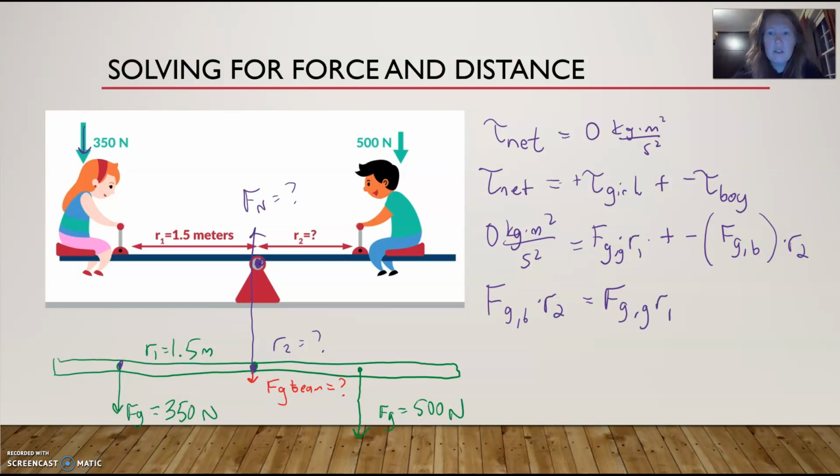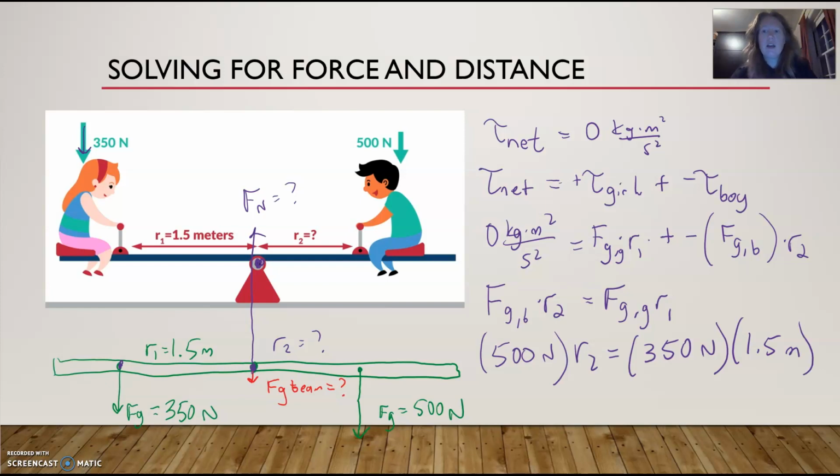Okay, so then this is just proportional here. I've got 500 times R2, which I don't know, equals 350 times 1.5.